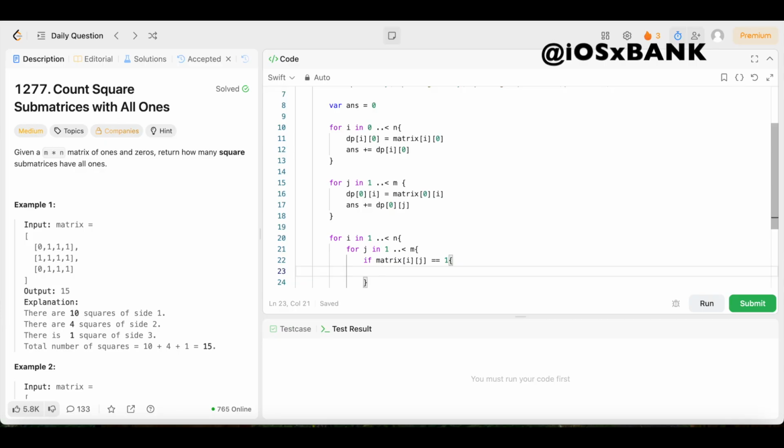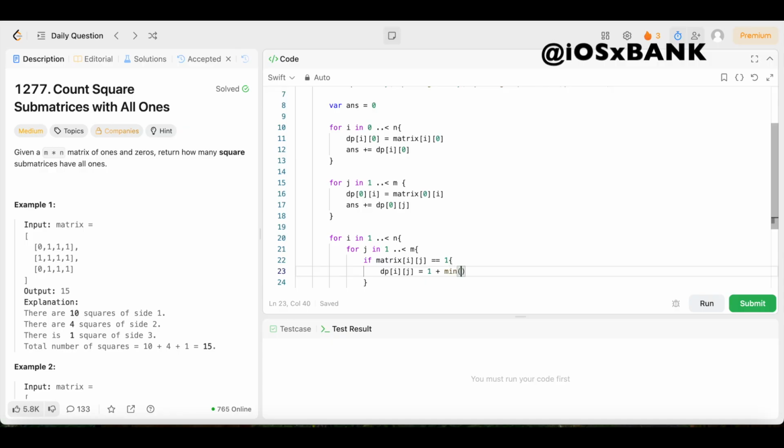So we're going to take the minimum among them and add 1. We're going to come right here and say dp[i][j]. We're going to set that equal to 1 plus the minimum.